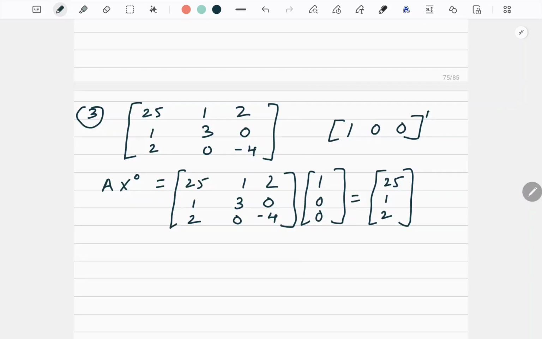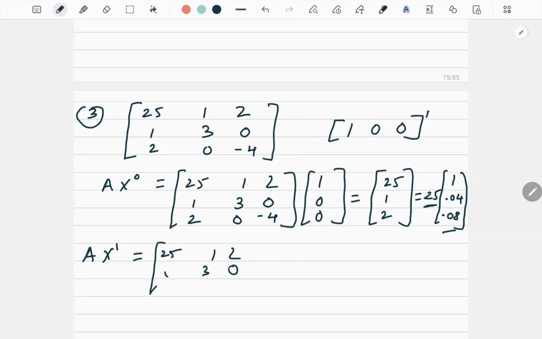Now which one is largest? 25. So 25 comes out and I am left with 1, 0.04, 0.08. So this is my corresponding eigenvalue and this is my corresponding eigenvector. So I'll do A x1. Now my A will remain the same, and my eigenvector now is this new one, 1, 0.04, 0.08.